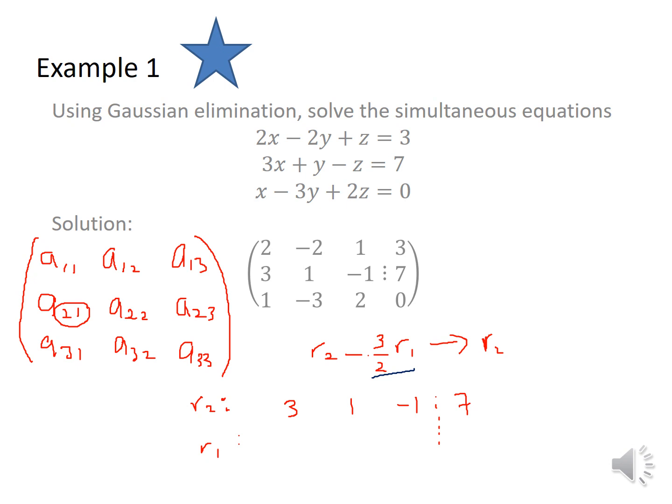Take 3 over 2, multiply the whole R1. 3 over 2 multiply 2 is 3. 3 over 2 multiply negative 2 is negative 3. 3 over 2 multiply 1 is 3 over 2.